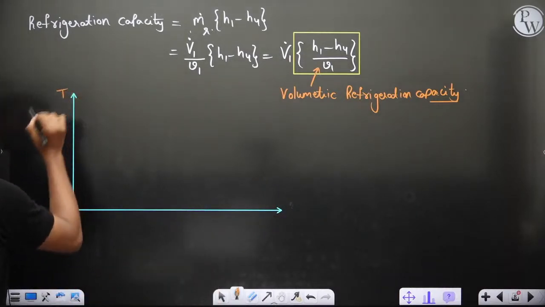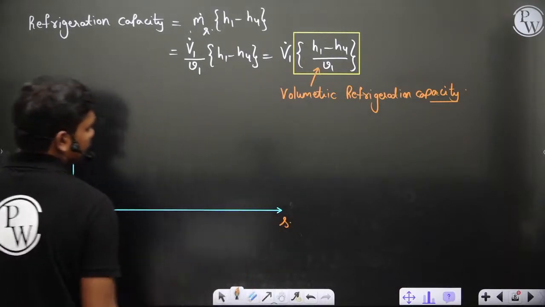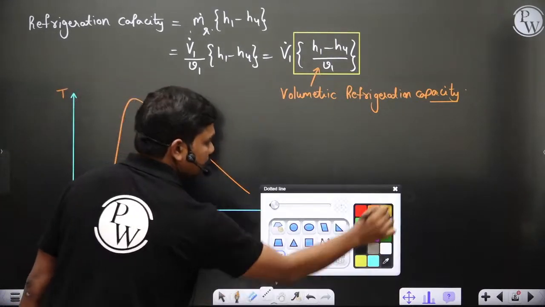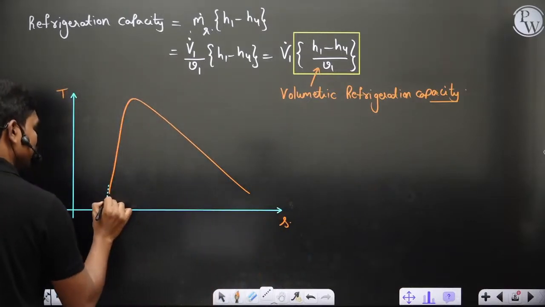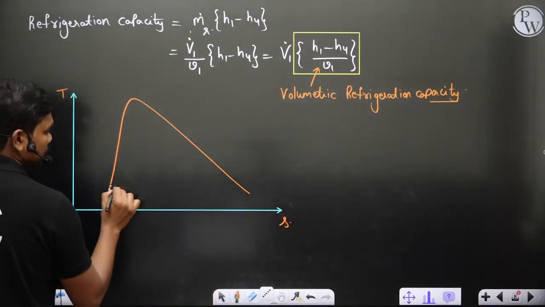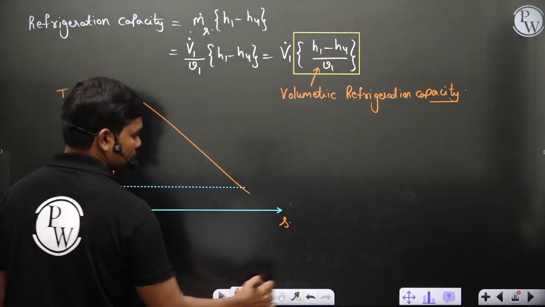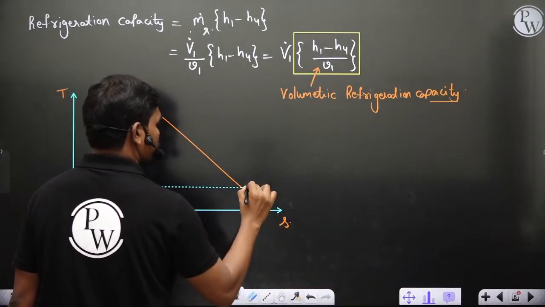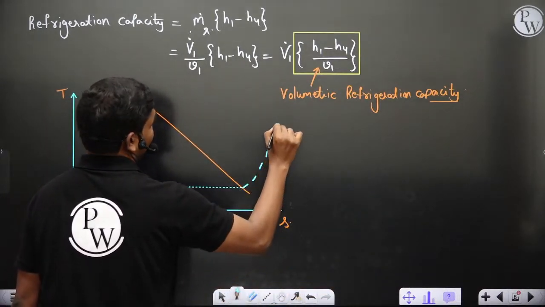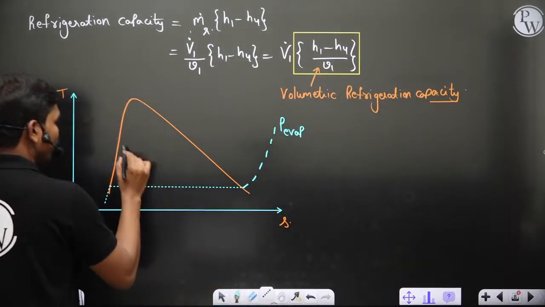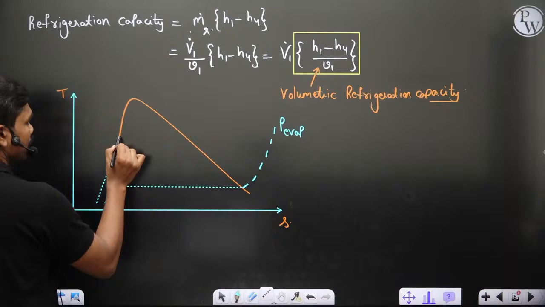So T-S diagram, let's say you have constant pressure lines, which is P evaporator, and you also have P condenser.